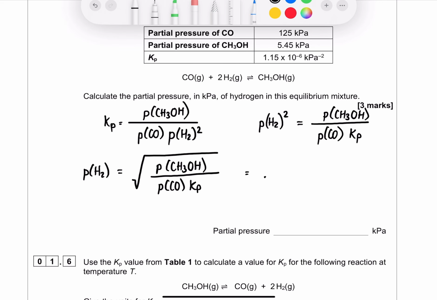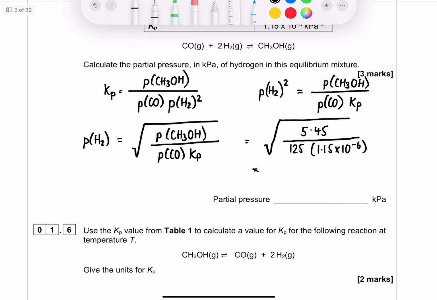So then I can substitute in my numbers from the table. So 5.45 kilopascals on the top there, 125 kilopascals on the bottom, multiplied by the Kp value. And then I can put that into my calculator.